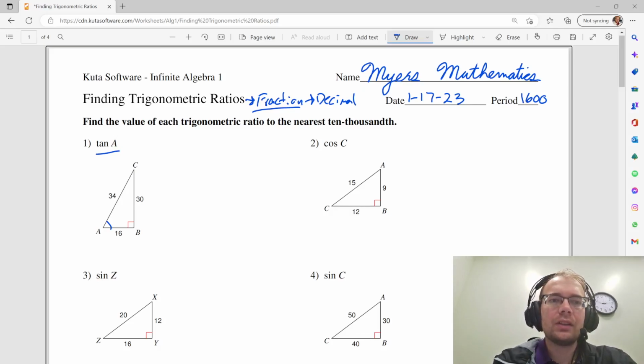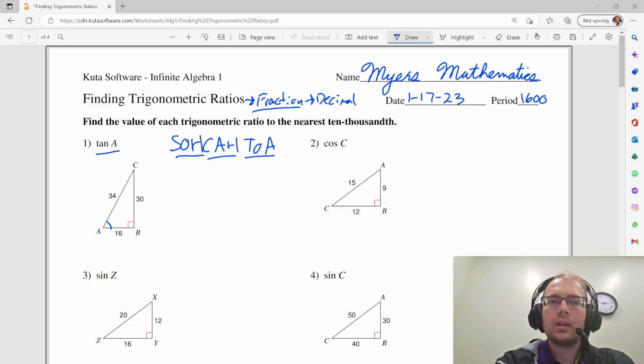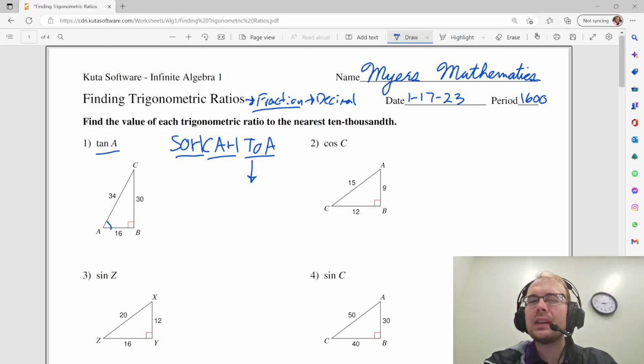And for the tangent, if we use our little helper equation, SOHCAHTOA. We're going to use this part of SOHCAHTOA. If you've never seen that word before, it's not really a word.